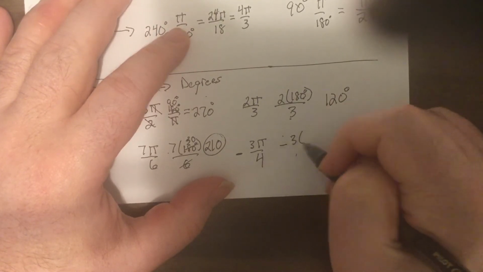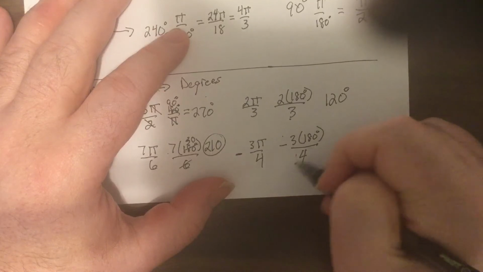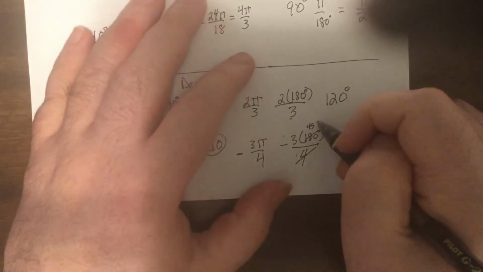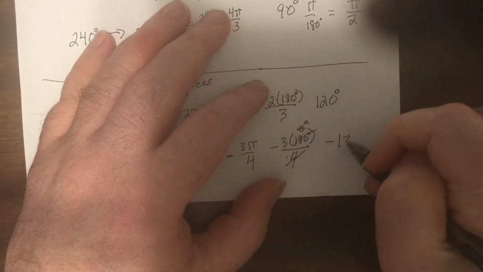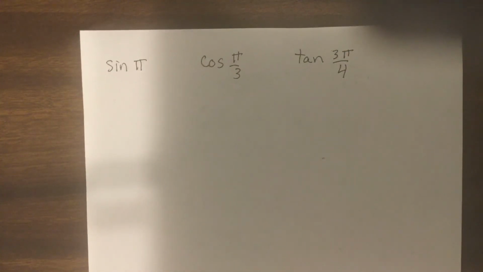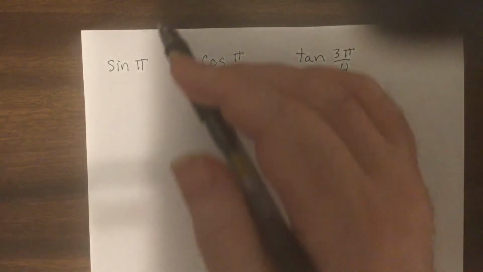Negative 3, 180, divided by 4. 4 goes into it 45 times. And negative 3 times 45 is a negative 135.